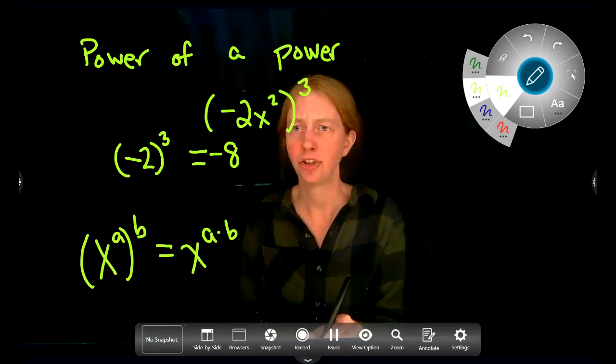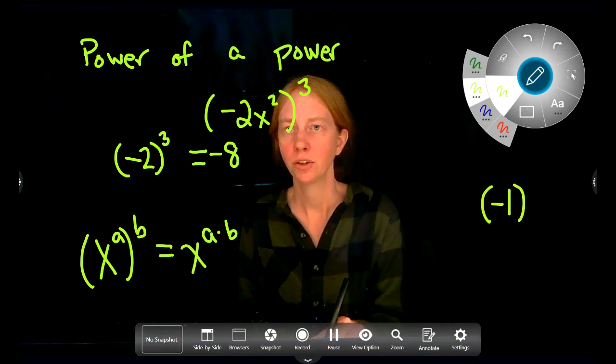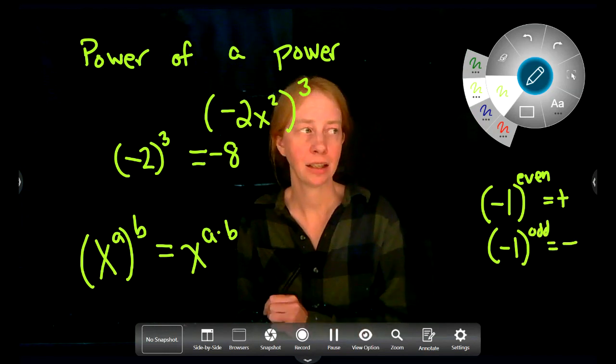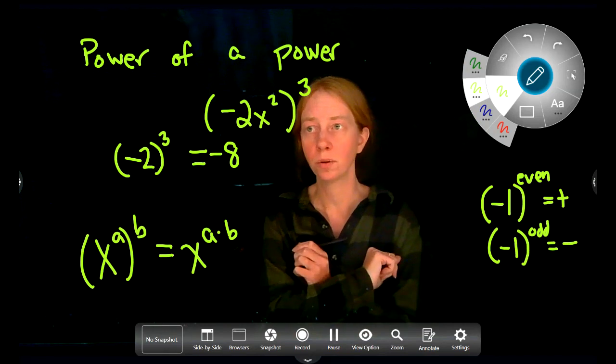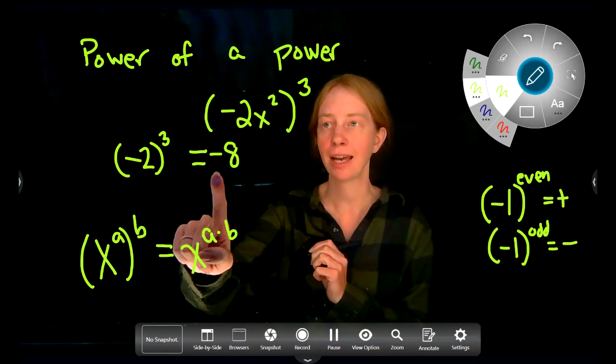So like I said, general rule, if you have -1 to an even positive number, you get a positive number. -1 to an odd, you get a negative number. That's another general rule to remember. So -2 to the third power is -8.